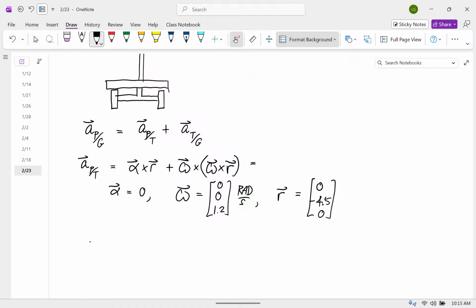And so this is 0, 0, 1.2 crossed with the quantity 0, 0, 1.2 cross 0, negative 4.5, 0.